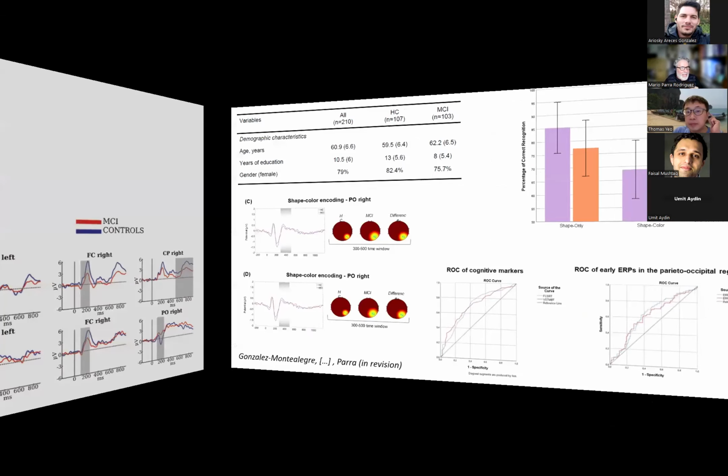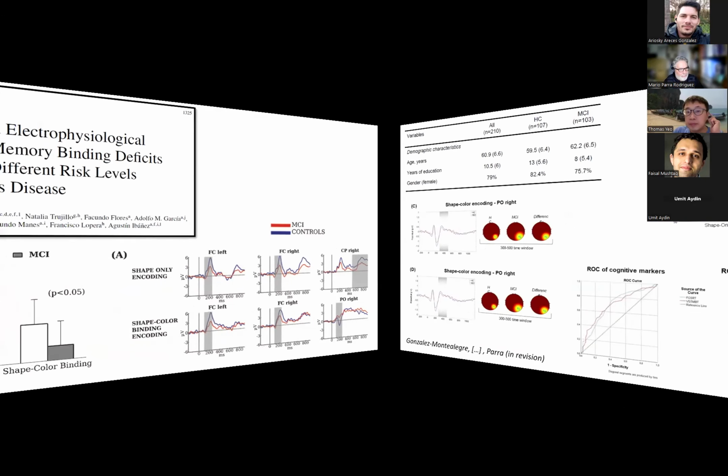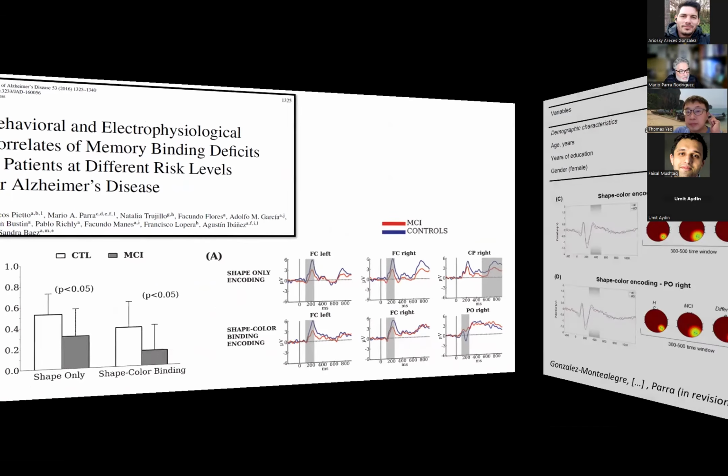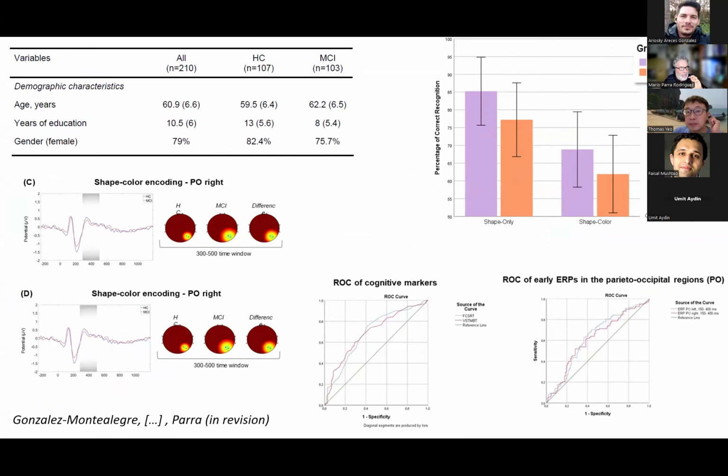So this sample that I presented here is a small sample recruited in clinic. However, this is a larger sample of community dwellers. It's a community-based study that we carried out in very rural areas of Colombia. And as you can see, it's a pretty good sample size. We had 210 participants, roughly half control, half patients with MCI.